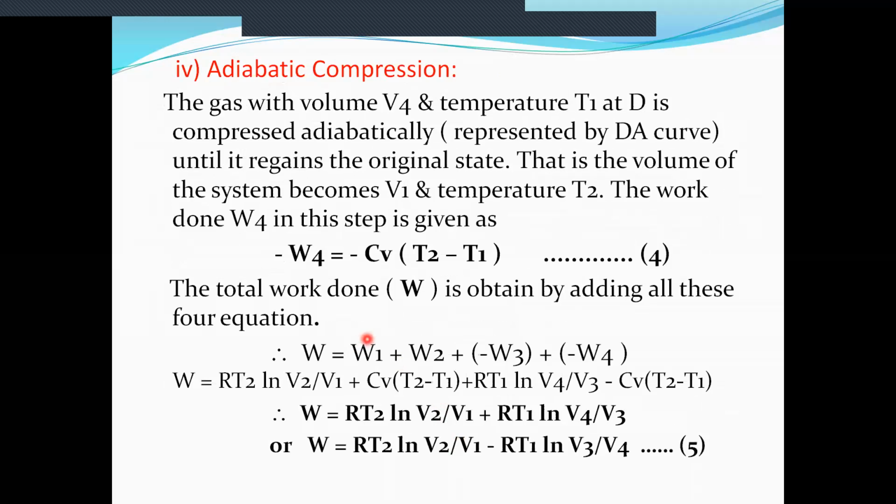Now the total work done W is obtained by adding all these 4 equations. Therefore W is equal to W1 plus W2 plus W3 plus W4. Now put the values of equations 1, 2, 3, and 4 in this equation.